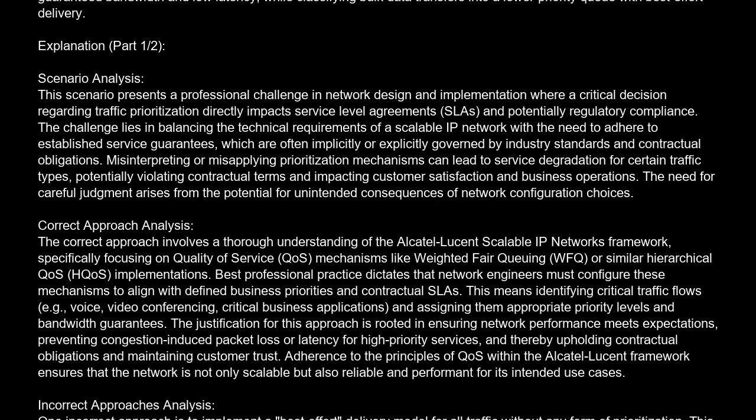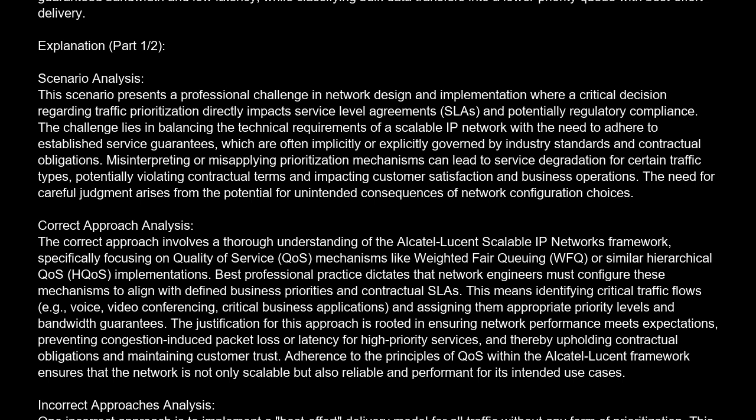Misinterpreting or misapplying prioritization mechanisms can lead to service degradation for certain traffic types, potentially violating contractual terms and impacting customer satisfaction and business operations. The need for careful judgment arises from the potential for unintended consequences of network configuration choices.